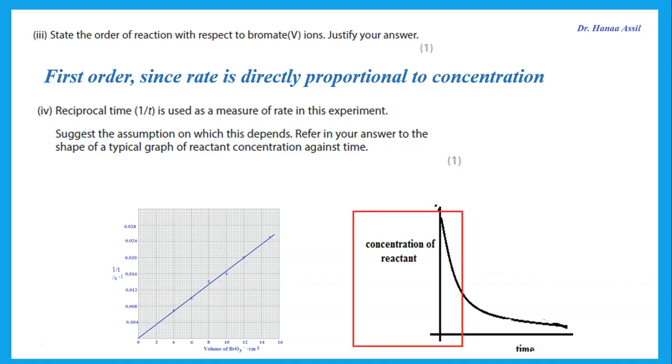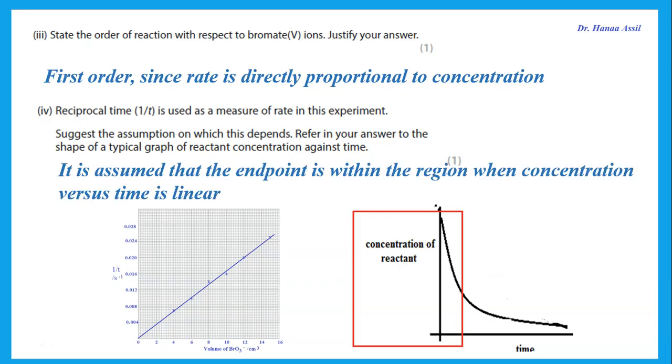But if we are going to use this as a measure of the rate, what would be the assumption? The assumption is that the end point is within that region where the graph is going down straight, as if it is a tangent at a certain point. This is when the concentration versus time is linear.